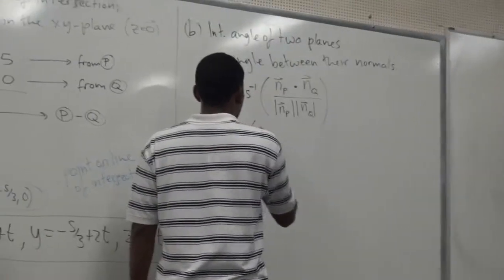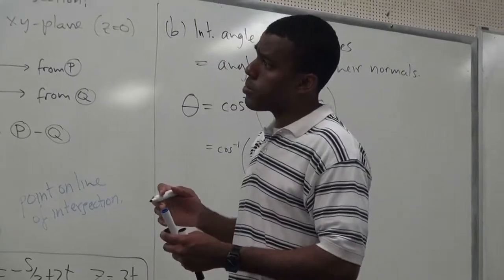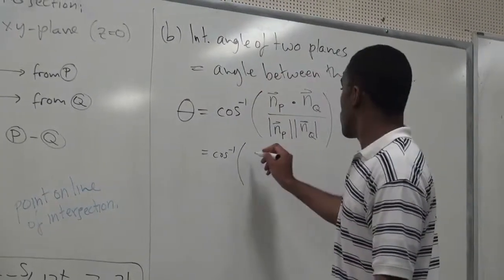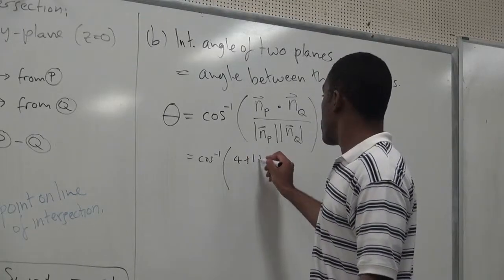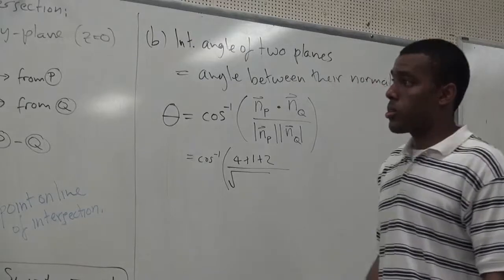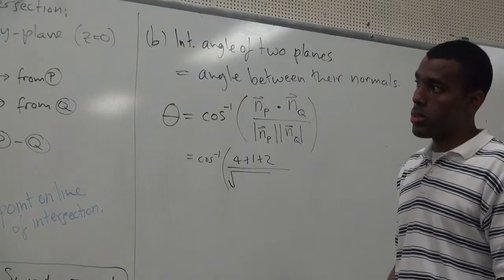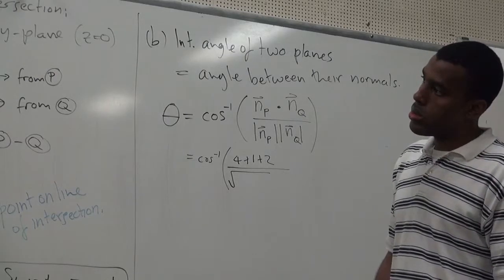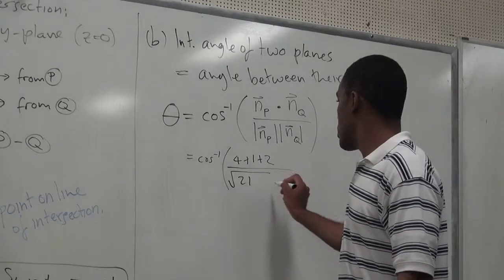Cosine inverse of NP dot NQ is what? 4 plus 1 plus 2, divided by the magnitude. What's the magnitude? 16 and 4, yeah, that's 21.